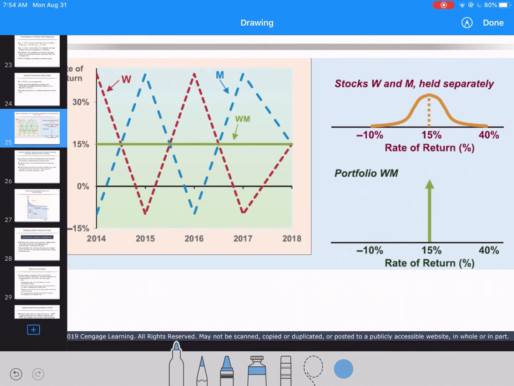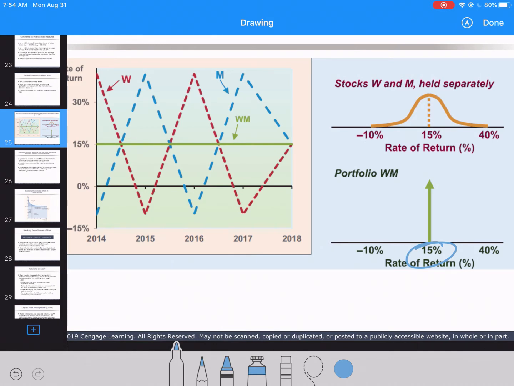When you have W and M in the same portfolio, your portfolio risk is WM, which is a flat line. That means it is risk-free, no fluctuations. You can see this in this curve, that it is 15%. Remember that we had the T-bill showing exactly that way, except that it is 50% in here, 50% in here, but the T-bill was 3%.